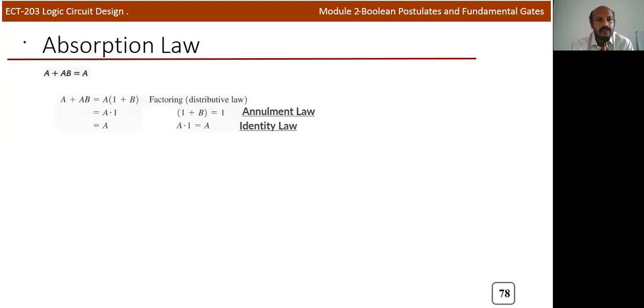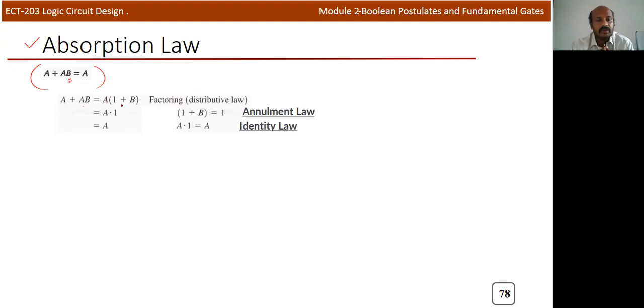Next one is the absorption law. It's very important. Most of the time we will use this law when you do the problems. Here you can see that A plus AB is equal to A. So this is the absorption law. Here we reduce the variable B. We can prove this: write A plus AB, and you can factorize this.